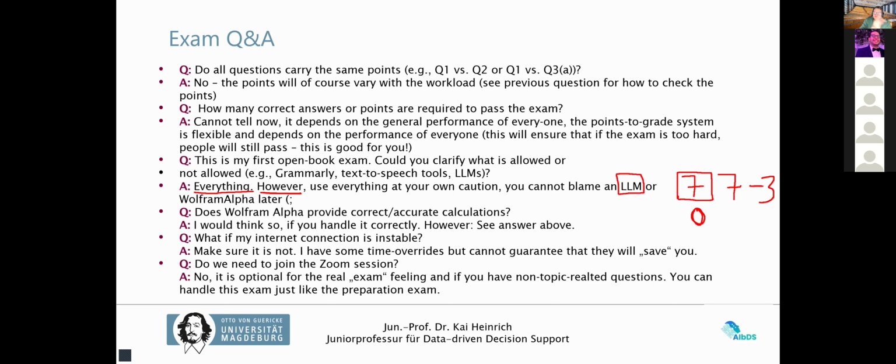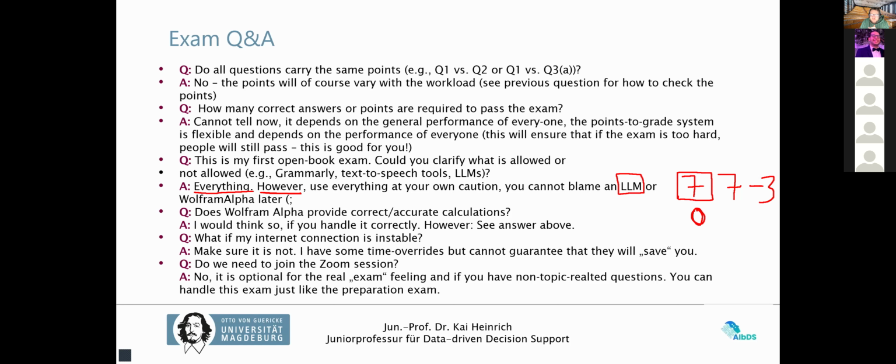So you will not be that hard punished, but obviously, if you write down 10 things in the hope that something correct will be there, this will not work. If something is really incorrect, it is counted. If something is neutral, it will of course not be punished.